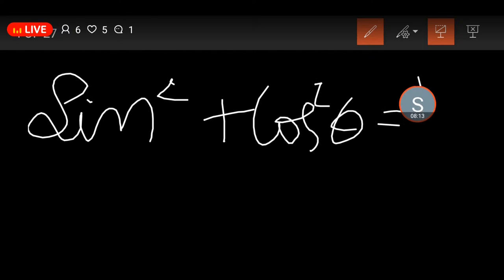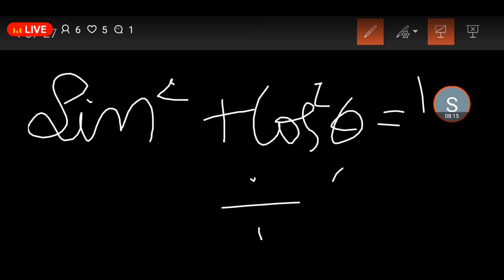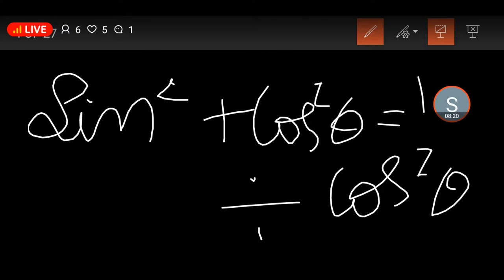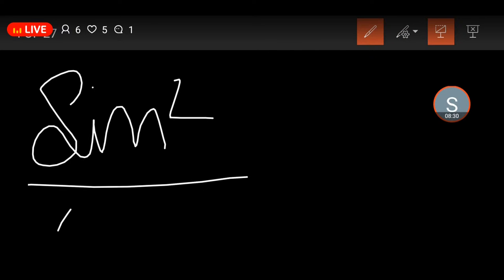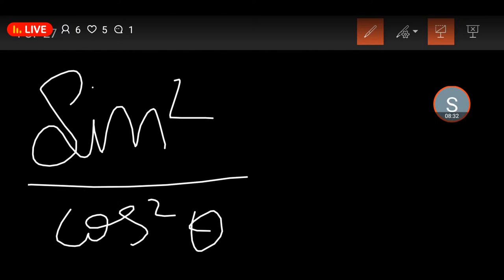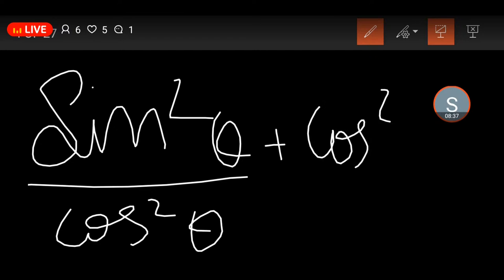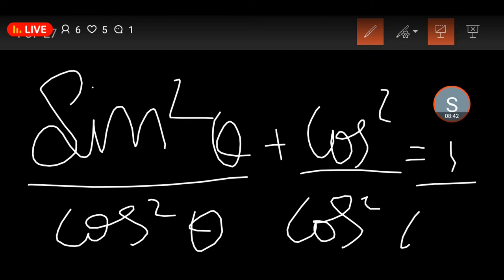Divide the entire equation by cos square theta. This is easy, I think, for you. It will become sin square theta by cos square theta plus cos square theta by cos square theta is equals to 1 by cos square theta, and this will get cancelled.